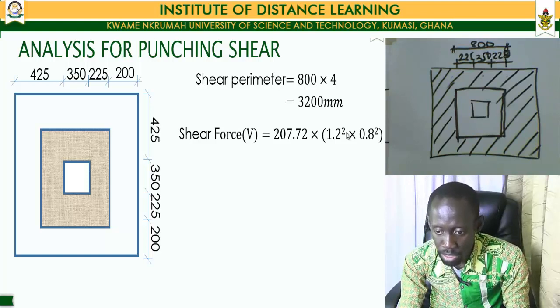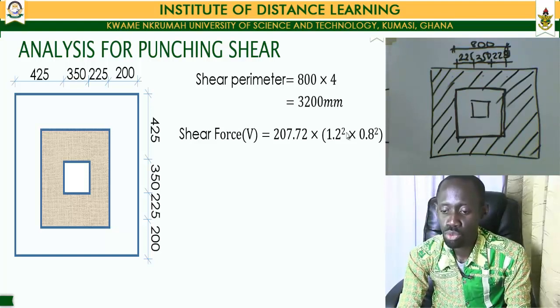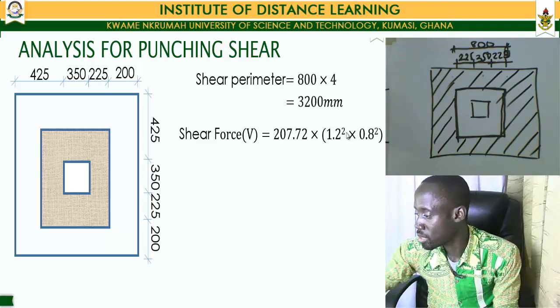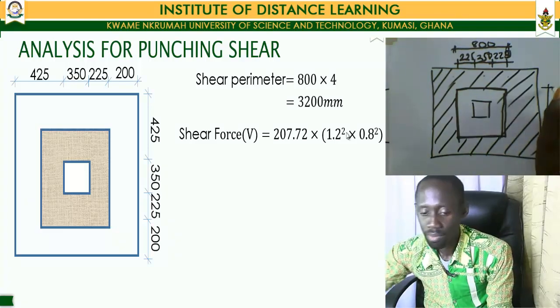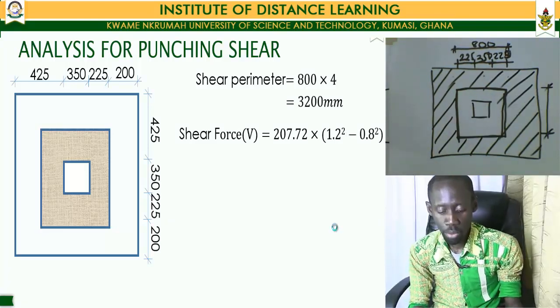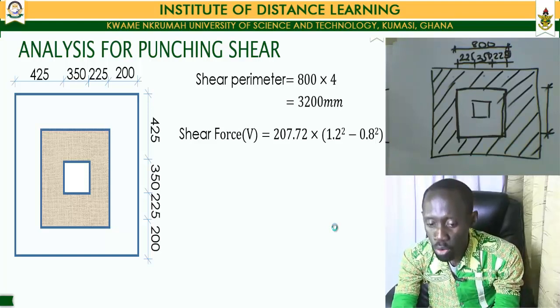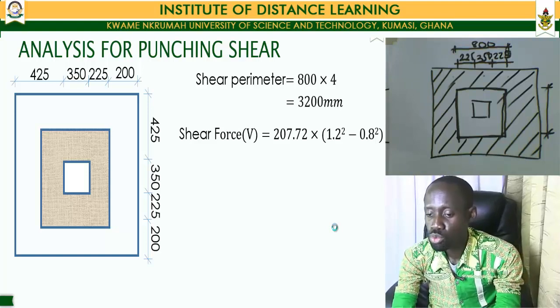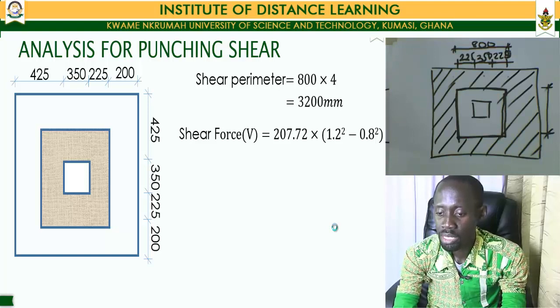Now, for us to get the value of that area, we first find the area of the total pad foundation, which is given by 1.2 by 1.2. Then we subtract the area of 800 by 800. To find the area over which our shear stress is going to be acting, we first find the area of the whole pad foundation, which is 1.2 by 1.2, since our pad had a dimension of 1,200 millimeters.